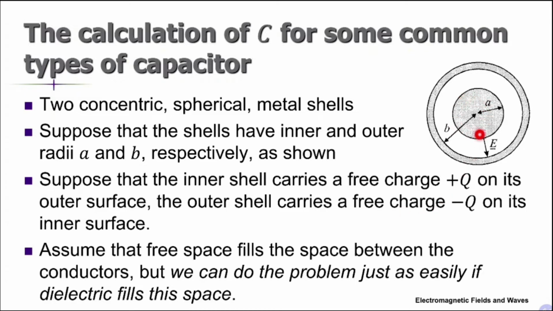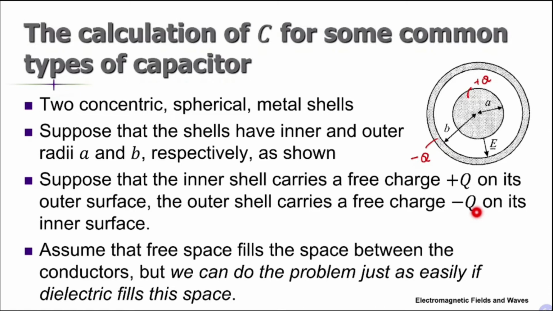We have one solid spherical shell inside and one hollow one outside. The inner one has a radius A and the outer one has a radius B. The inner one has a charge of plus Q and the outer one has a charge of minus Q. If you have a structure like that, then we can work out the capacitance of this structure.